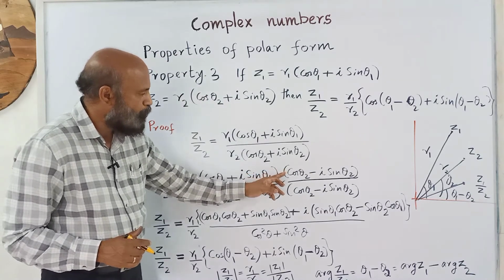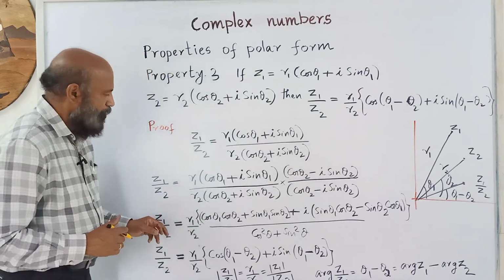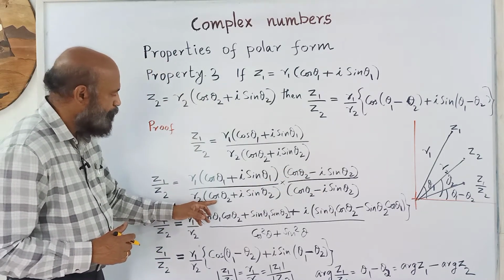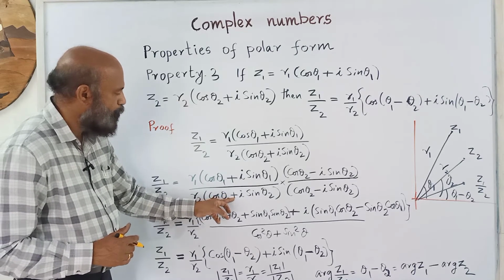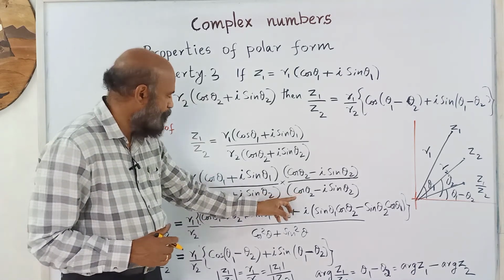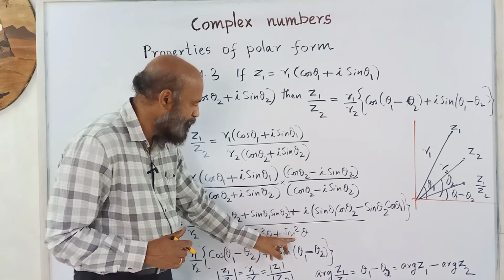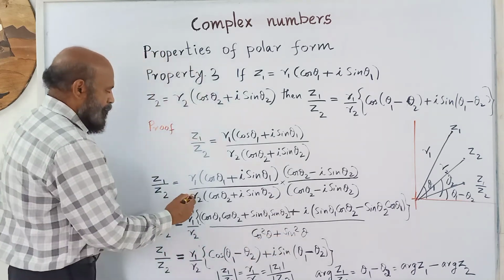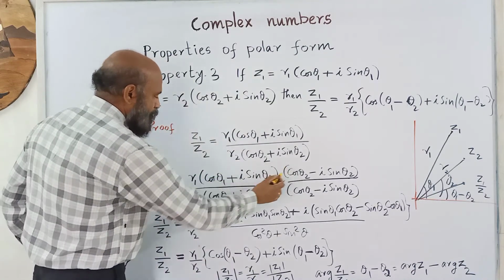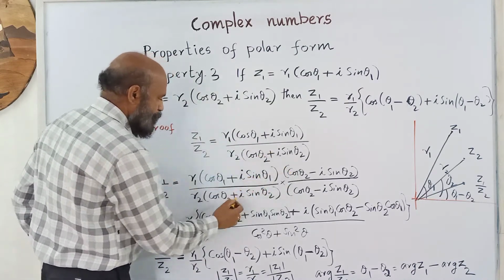The numerator is also multiplied. Now in the denominator, cos theta 2 plus i sin theta 2 and its conjugate, so it will be cos square theta plus sin square theta. Then when you multiply, cos theta 1 cos theta 2.